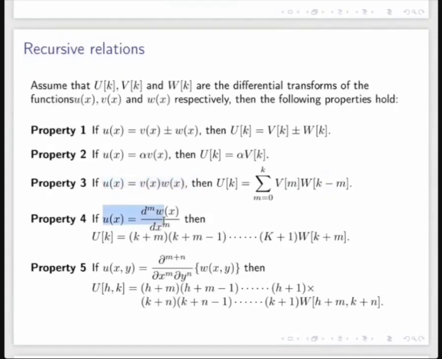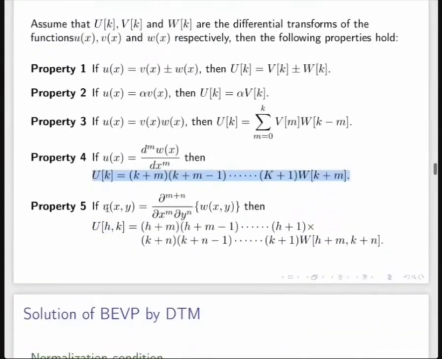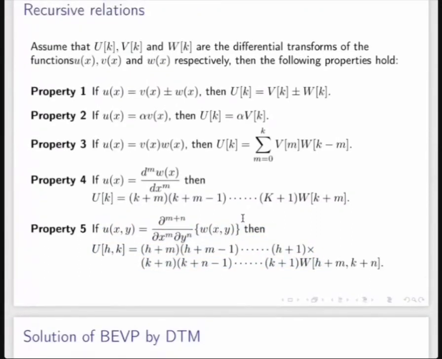And property number 4 is the differential transform of derivative. So if you have a mth order derivative, then the differential transform is given by this particular equation. And this is for the partial derivative. So you can ignore this particular property as it does not relate to what I'm presenting.